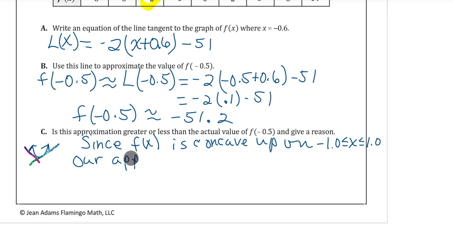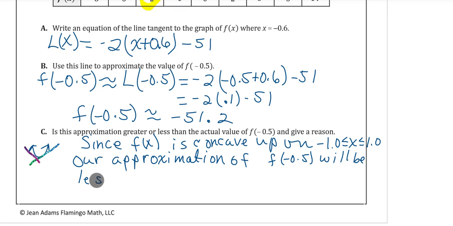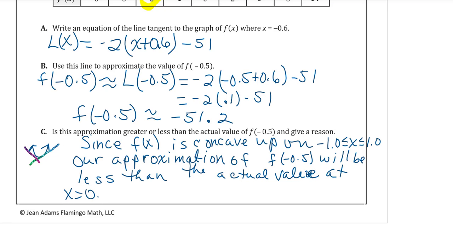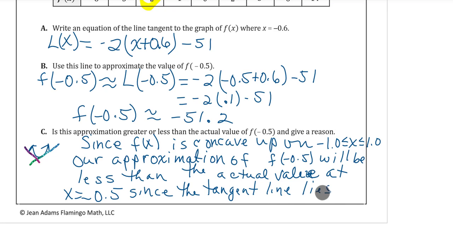Our approximation of f of -0.5 will be less than the actual value at x equals -0.5, since the tangent line lies below the curve.